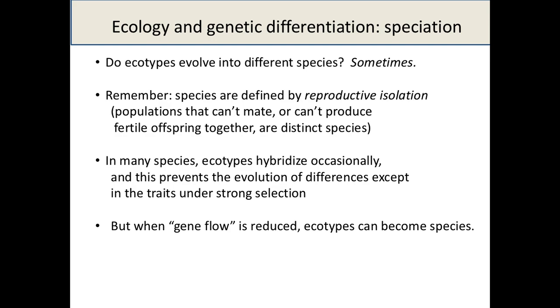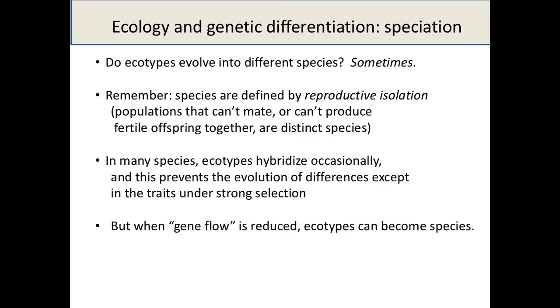It will determine what colour mice will live on a beach versus in a field. But can we move to a point where these different ecotypes become different species? At what point can natural selection lead to the diversification of one species into others?